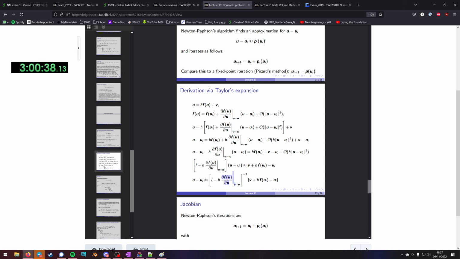Because of the Taylor expansion, they have the first derivative of f of u with respect to u. So you can see this as the derivative at point u, or at point ui. But that's a wacky thing to get.